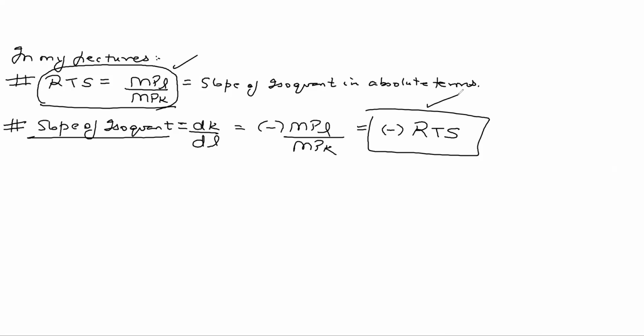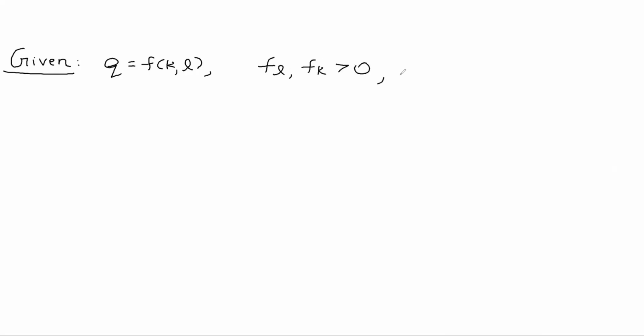Okay. Now, the last thing for the day, and then we stop. Let us show that isoquants are convex to the origin. We are given that our production function is f of K comma L. We are also given that FL and FK are positive, and the direct productivities FLL and FKK are negative.